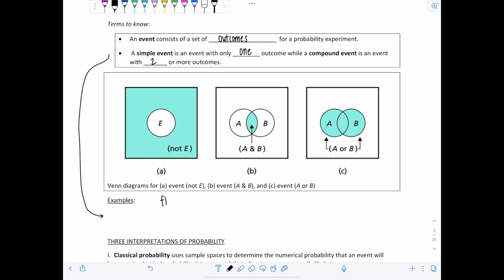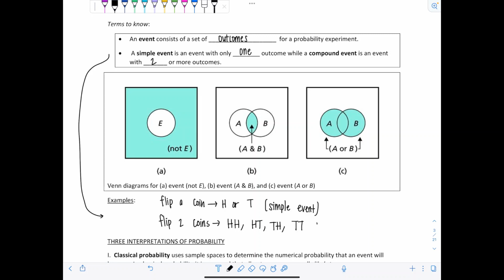So if you flip a coin, okay, it could either land heads or tails. So that's a simple event. But if you flip 2 coins, we saw the sample space earlier. It could be heads, heads, heads, tails, tails, heads, or tails, tails. These are compound events because they have 2 or more outcomes.